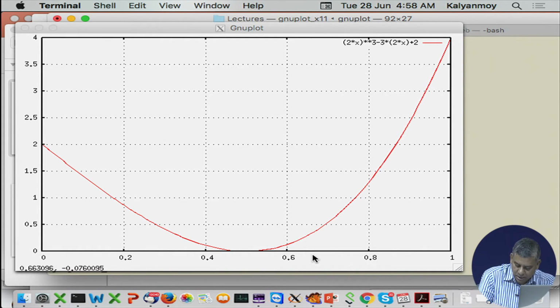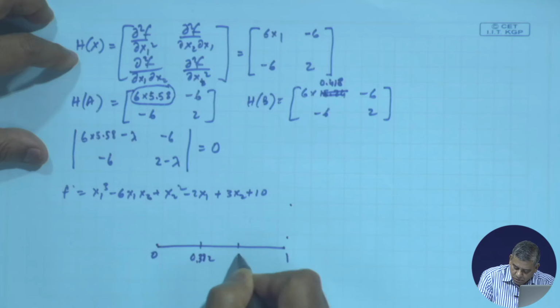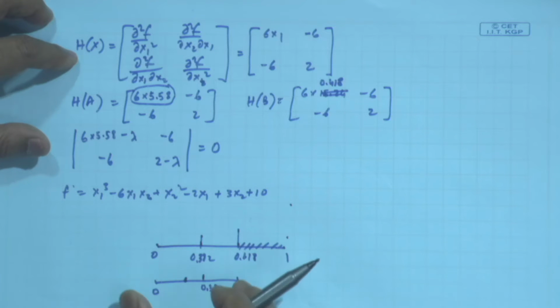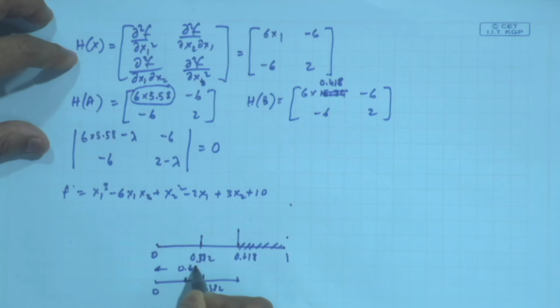Here is my 0 to 1. I've got 2 points, 0.382 and 0.618. What we have seen is we can eliminate this part because this is slightly higher than that. Now I am left with this part. So 1 point will automatically come, and the other point will be here. Find out what that point is. These points are 61.8% of the whole range, and this whole range is 0.618.